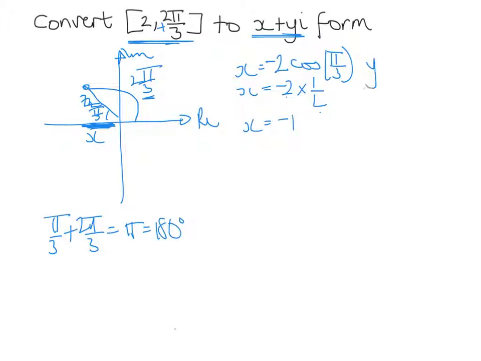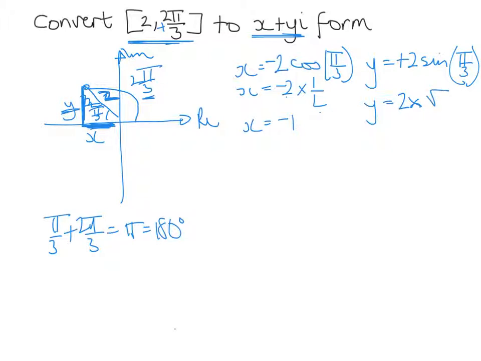Now what about if we had to figure out y? Well, y would be this part going up here, so y is going up in a positive direction, so it should be positive. Because we have the hypotenuse, that's 2, and we're trying to work out the opposite side, we'll use sine. 2 times sine pi over 3.